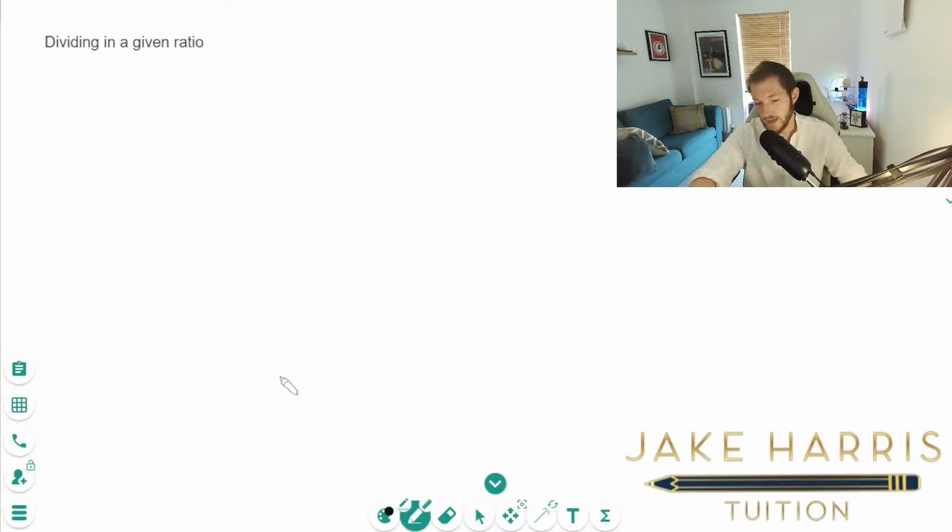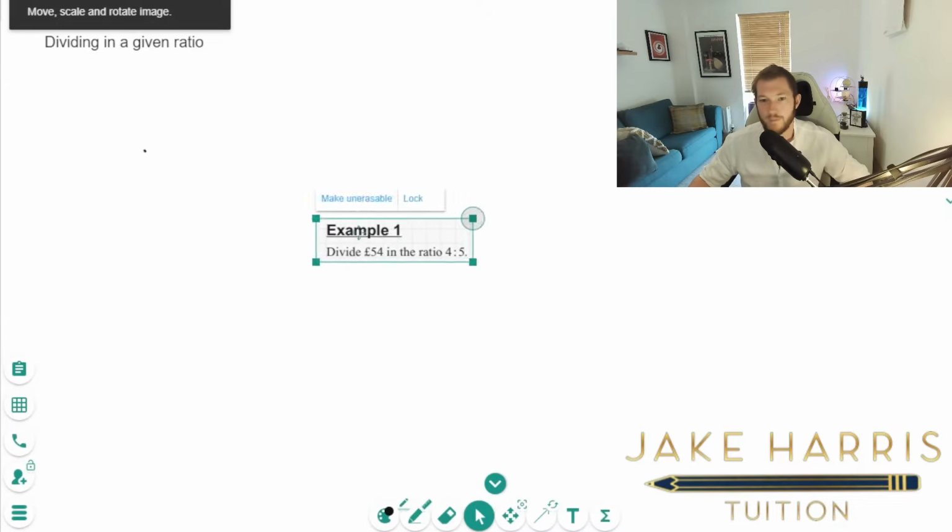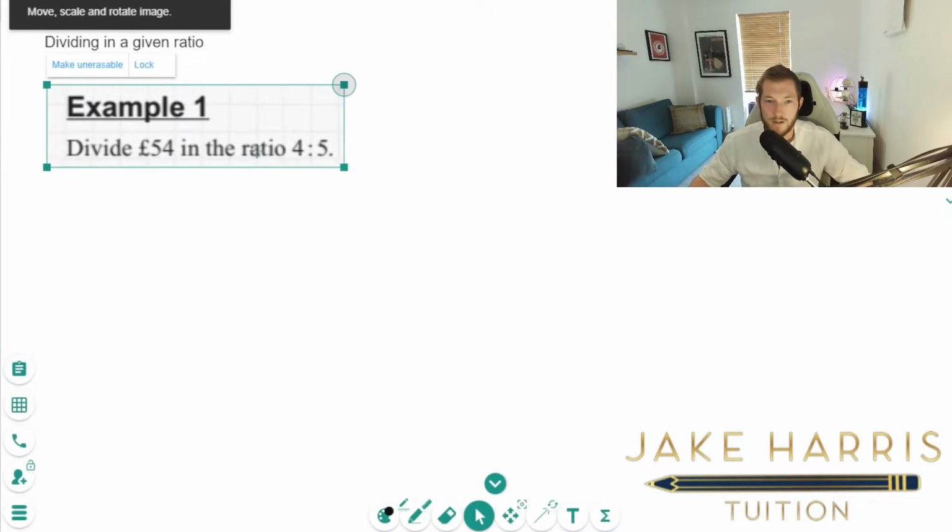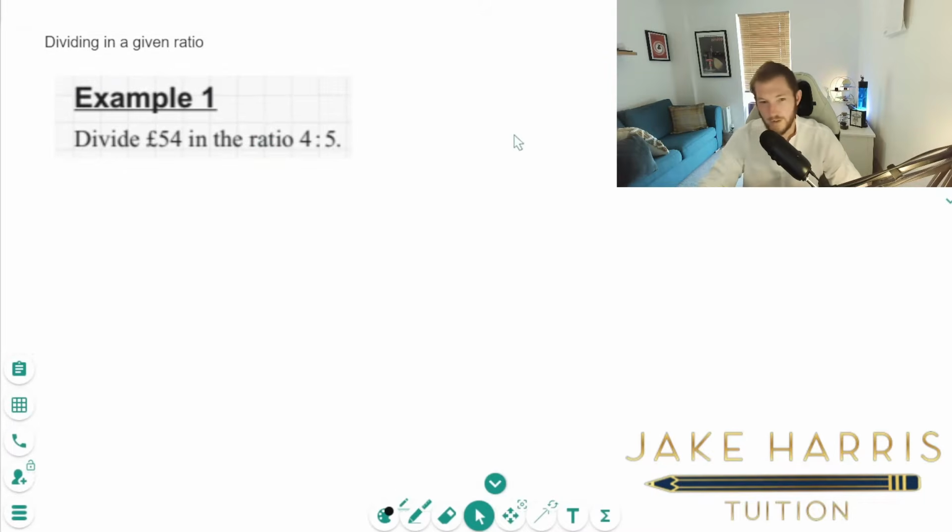So to see an example of a dividing in a given ratio question, we should look at one like this. Divide 54 in the ratio 4:5. So 4 parts to 5 parts.